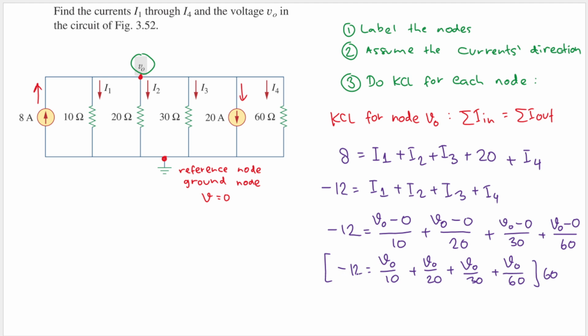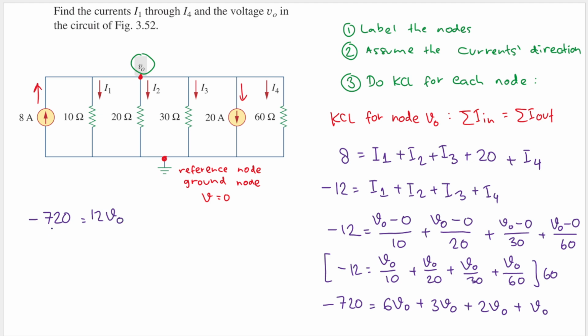So we have minus 12 times 60, which is minus 720, and on the right 6 V0 plus 3 V0 plus 2 V0 plus V0, which is 12 V0.